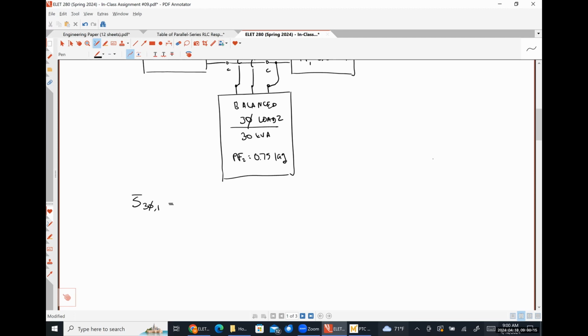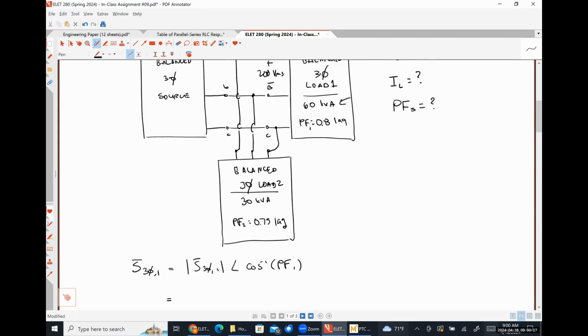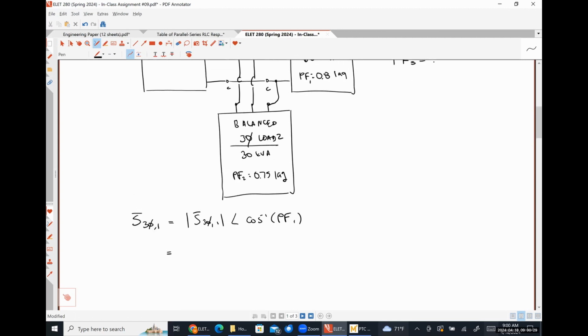So this is just going to be the apparent power for load one with an angle of the inverse cosine of power factor one. So that would be 60 kVA, angle inverse cosine of 0.8.